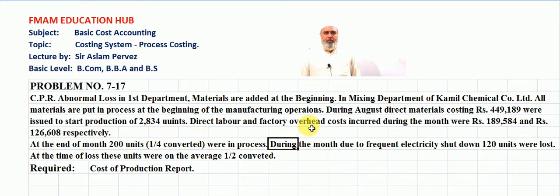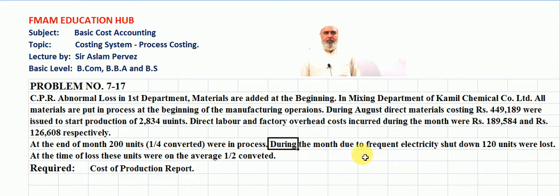Direct labor and factory overhead costs incurred during the month were 1,89,584 rupees and 1,26,608 rupees respectively. At the end of the month, 200 units one-fourth converted were in process.